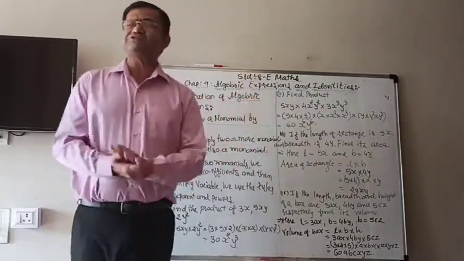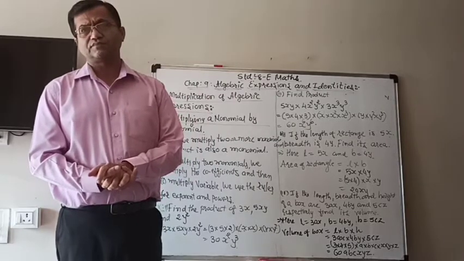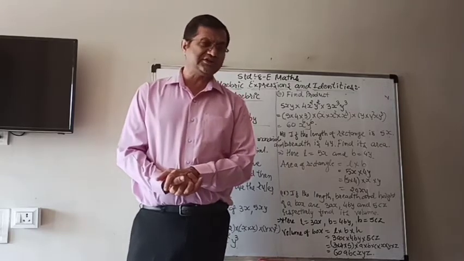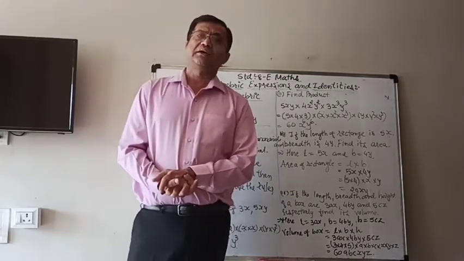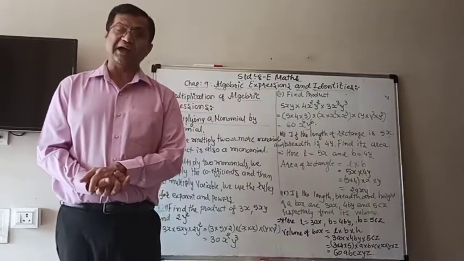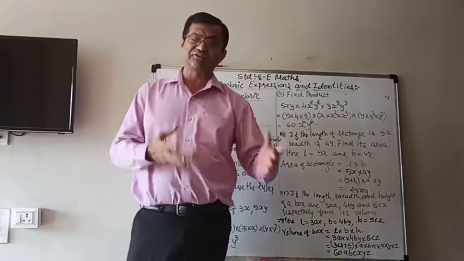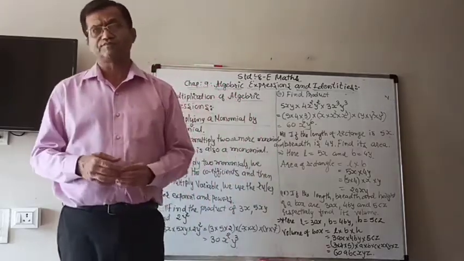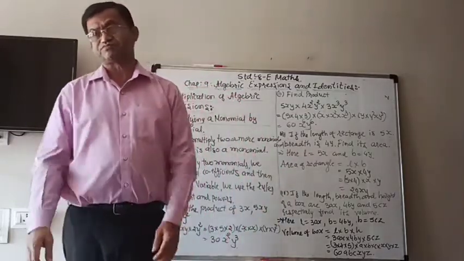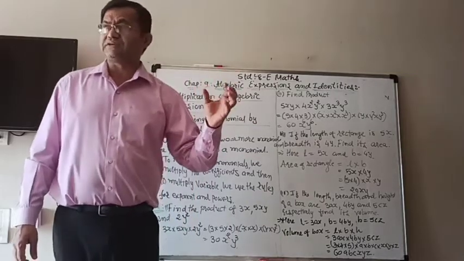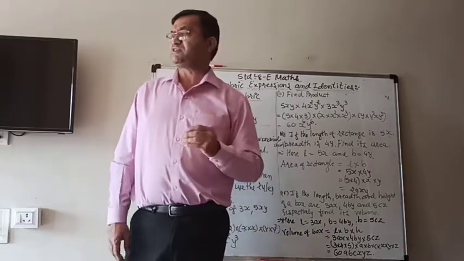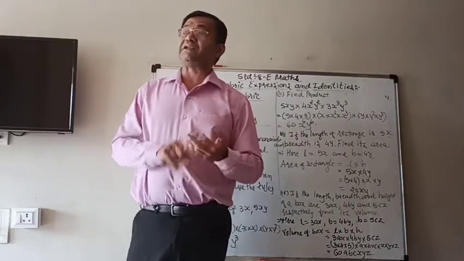Now, in the last few sessions, we learned about algebraic expressions, how they are formed, the coefficients and the terms, like terms and unlike terms. We also learned how to add or subtract different algebraic expressions, and the types of polynomials: monomials, binomials, trinomials, etc. We saw that when we add algebraic expressions, we can add only the like terms.